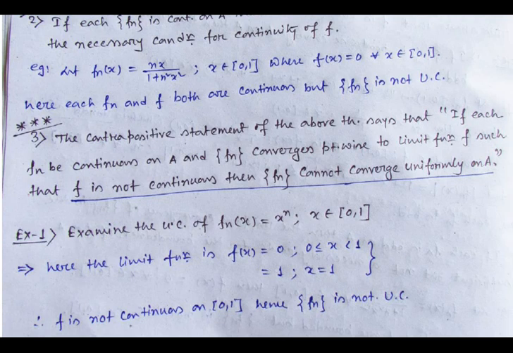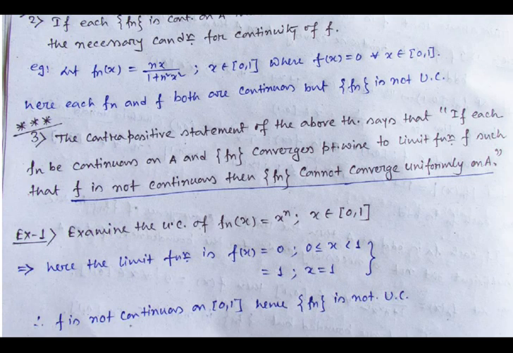But if the limit function is not continuous, then we can directly say that the sequence of functions is not uniformly convergent on A. But if we have an example just like note number 2, where each and every term of the sequence of functions is continuous and the limit function is also continuous, then we cannot guarantee that the sequence of functions is uniformly convergent.